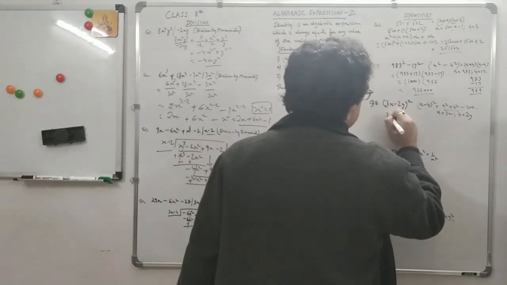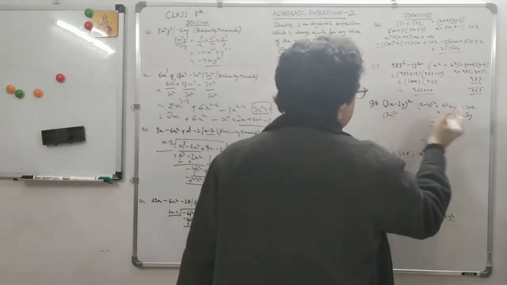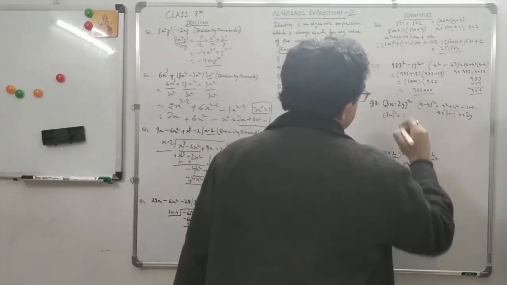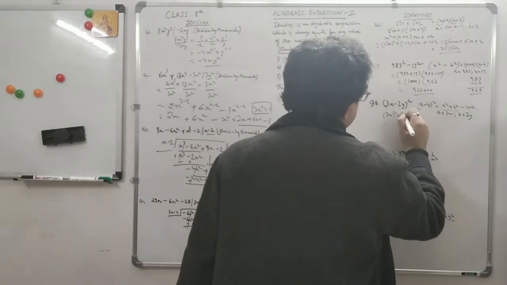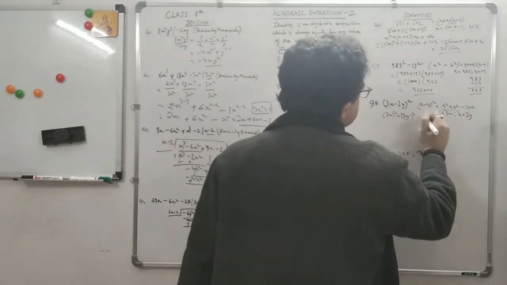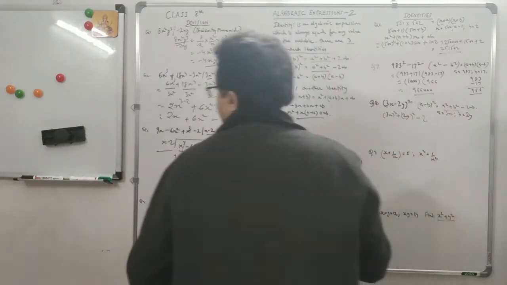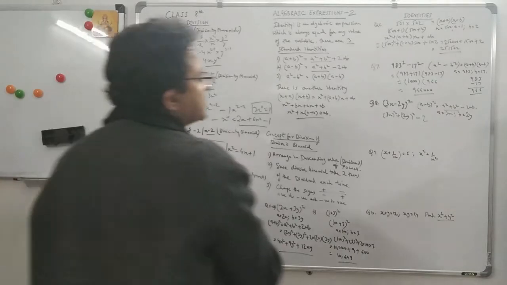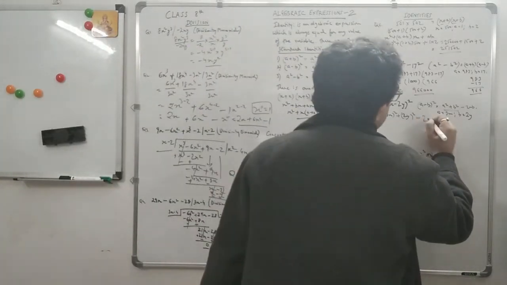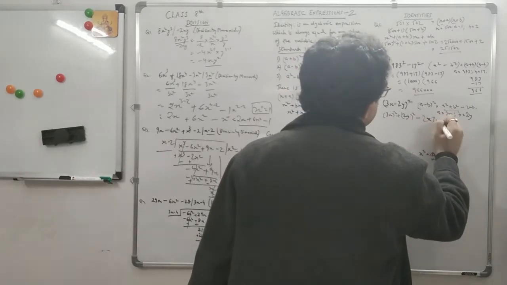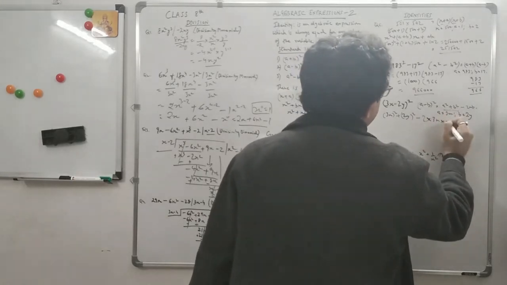It becomes 3x whole square, a square, plus b square, 2y whole square, minus 2 into a, what is a? 3x, into b is 2y.